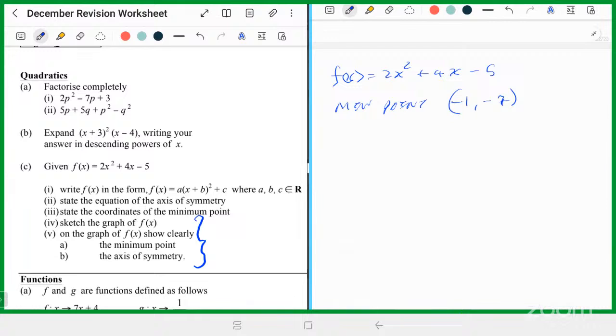We also know the c value, right? The y-axis intercept. The y-intercept is 0, c all the time, which is 0, -5. And then because the a is positive, it's going to have a smile shape. So the a is greater than 0, so the graph will have a smile shape. So let's sketch it out now. It's just a sketch, not to scale.